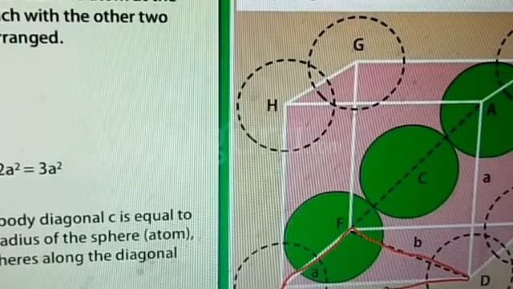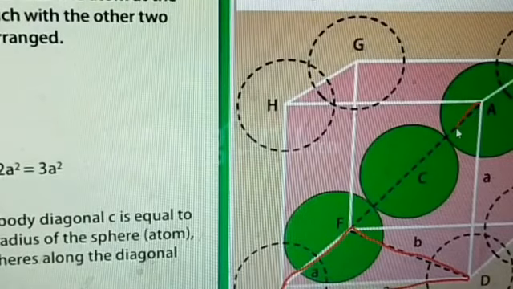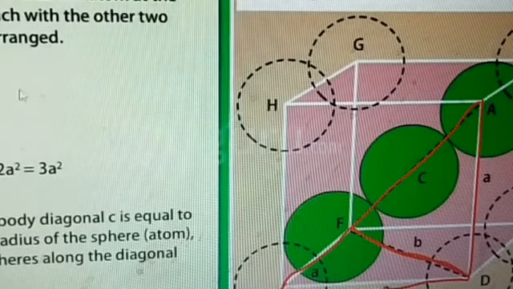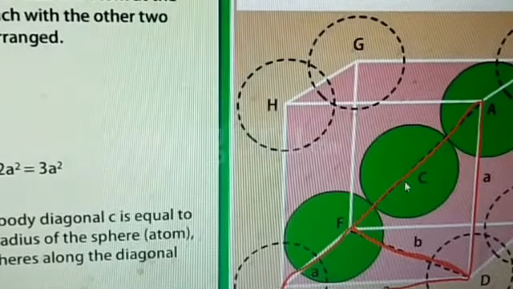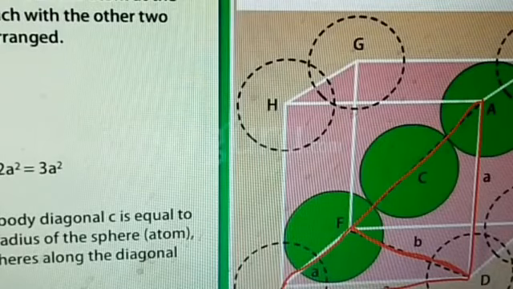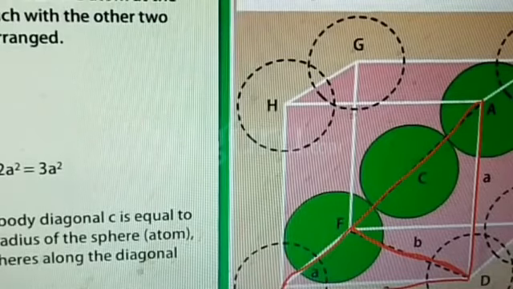Now, triangle AFD. In this triangle AFD, C square is equal to A square plus B square. Same Pythagoras theorem. C square is equal to A square plus B square. Here B square we already got as 2A square, so I substituted that here. C square is equal to 3A square. Then C is equal to root 3A.